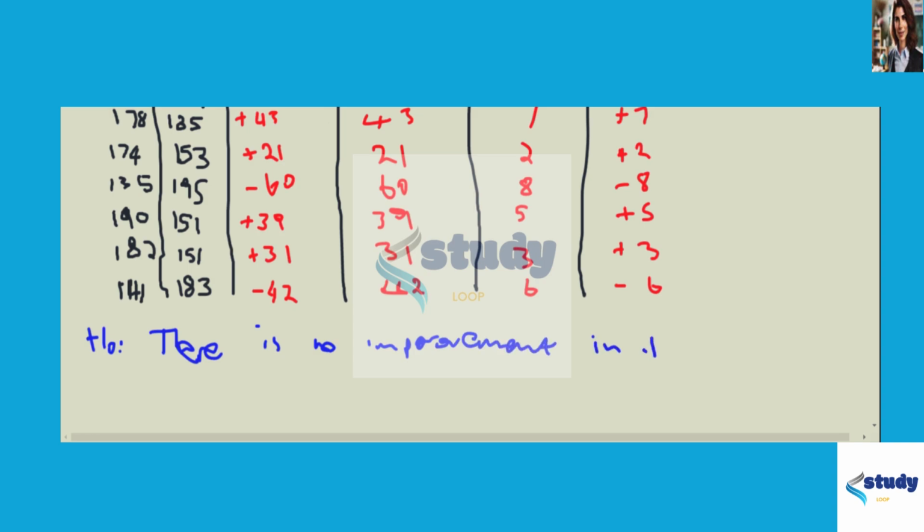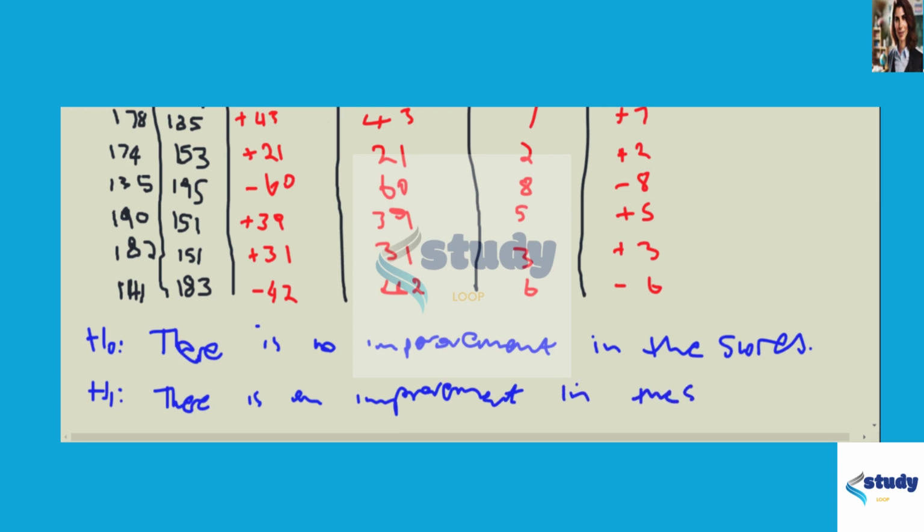H1: there is an improvement in the scores. And H1 is the claim.